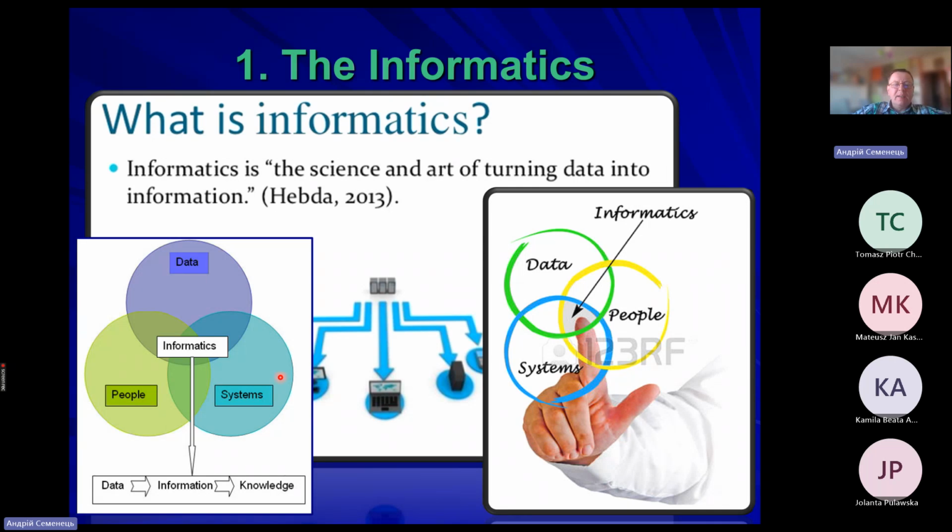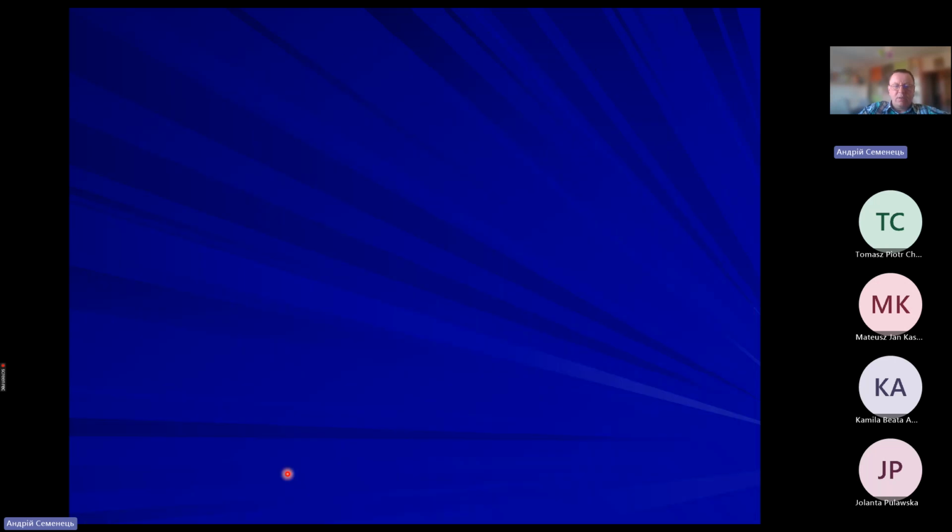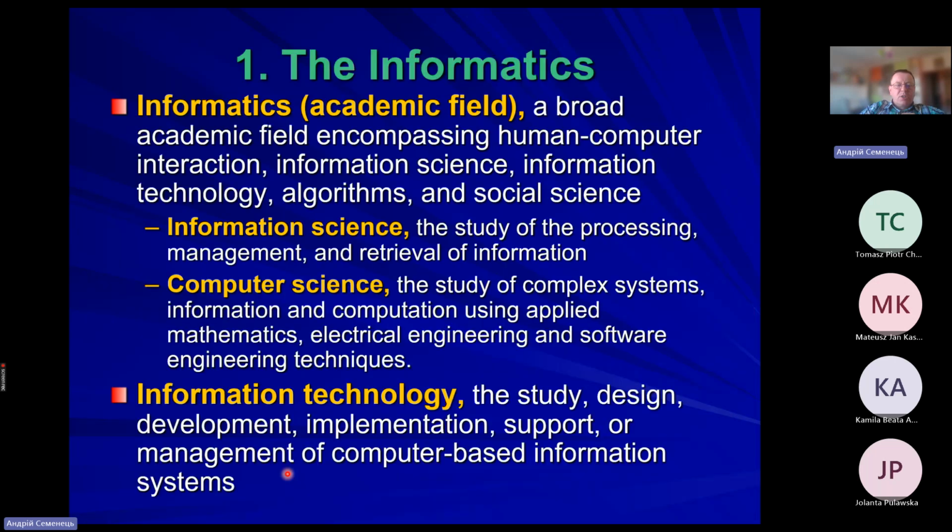And this meaningful is information. So informatics helps us with this. And by gaining information from data, we have a chance to later gain some new knowledge and come to a new understanding of our surroundings.